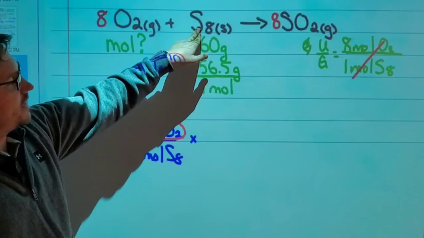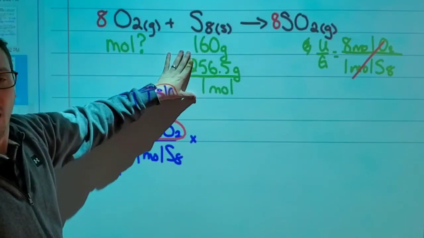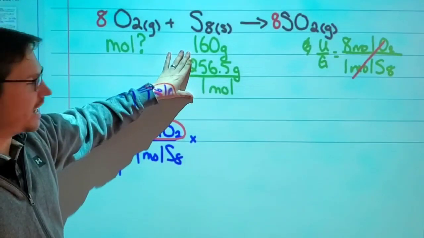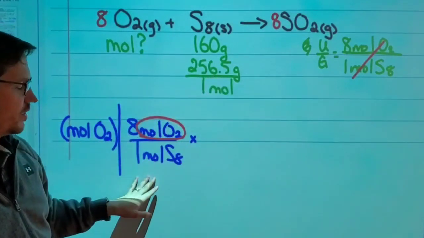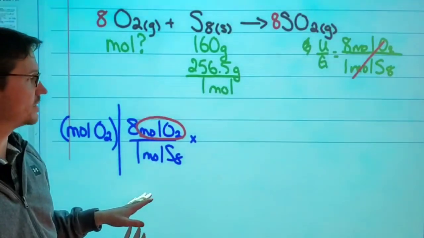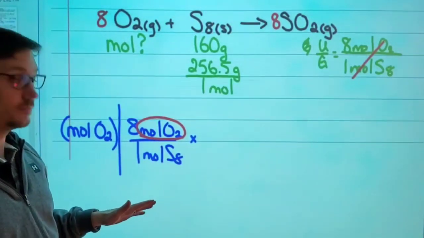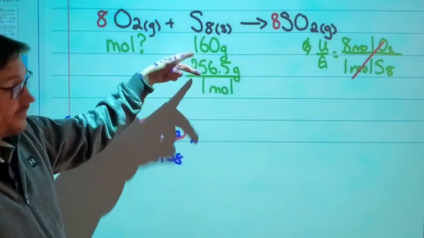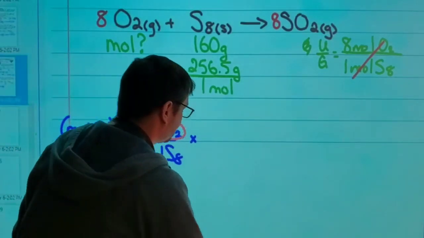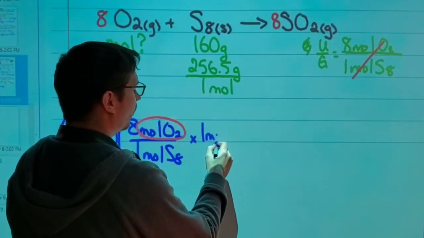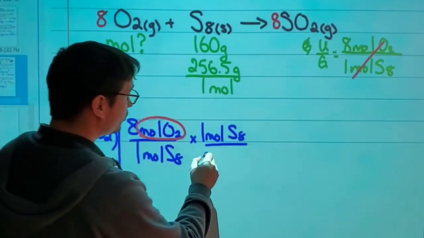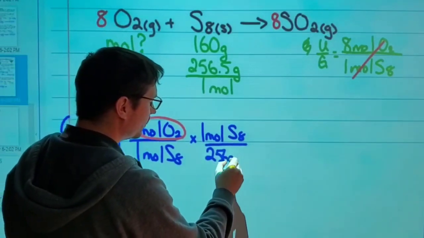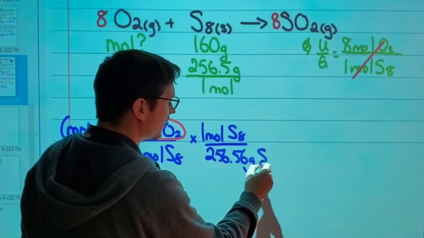So I'll look under S8 and I'll look for moles. I do find moles, but it's kind of weird. What do I have to do to the molar mass in order to use it in our unit analysis? Yeah, I gotta flip it. So let's do that. 1 mole of S8 for every 256.56 grams of S8.